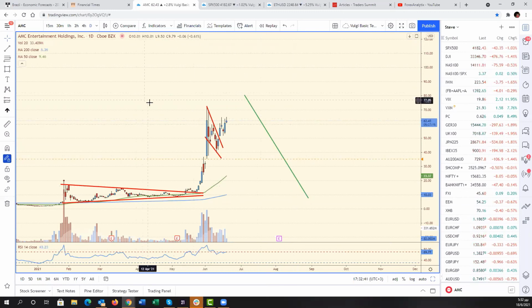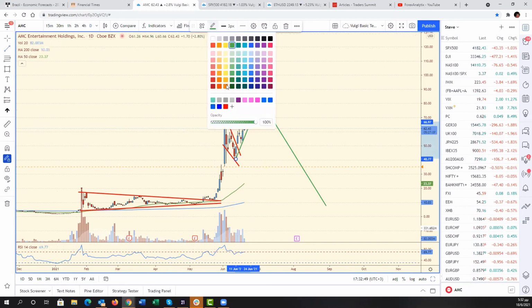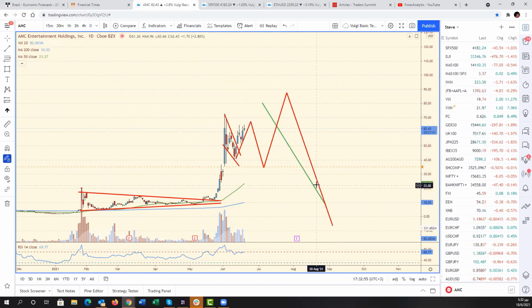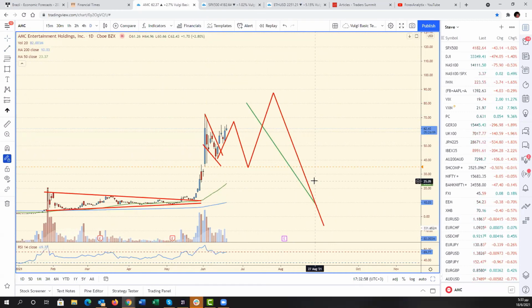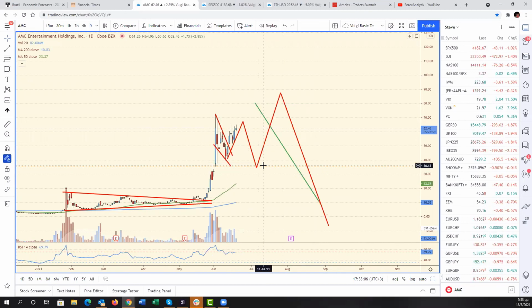So speaking about shorter term, look, we've broken out of this, but the way we've been rebounding is not impulsive. So I wouldn't be surprised to see something like this unfold in AMC, right? Eventually it's going back towards zero, not necessarily to zero, but towards zero. So be fully cognizant of that.